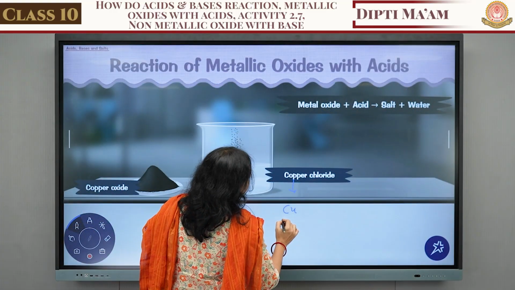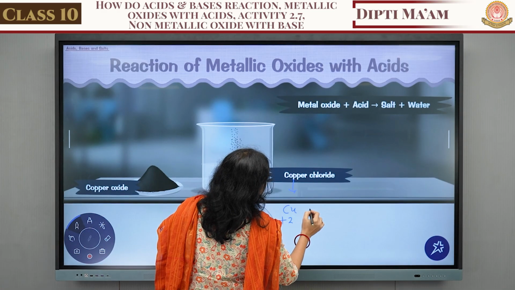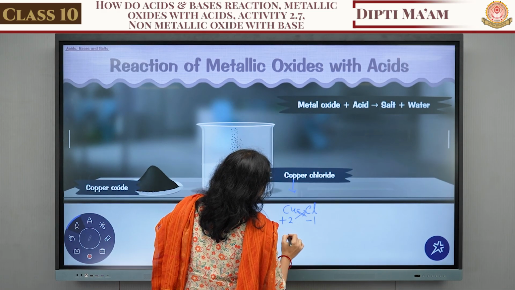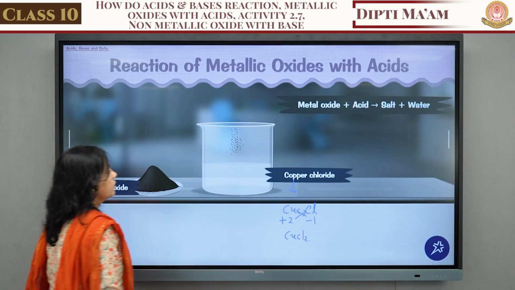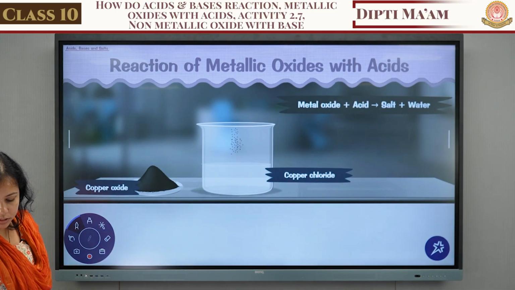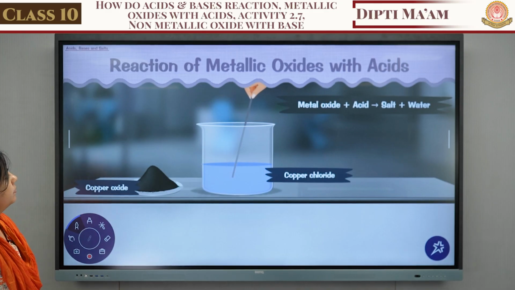Here copper chloride is there, so the valency is +2 and chloride Cl is -1. Okay, so the formula is CuCl2. Now let's see the next thing. The copper chloride is formed and the water molecule separates out.